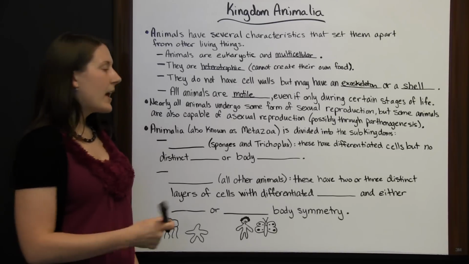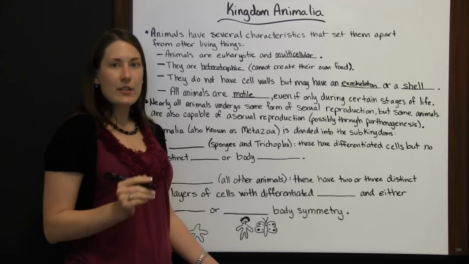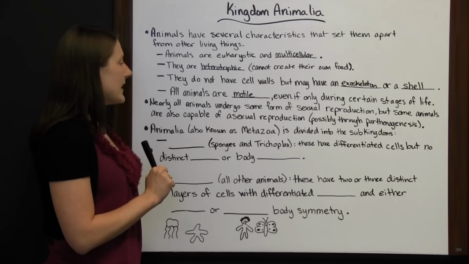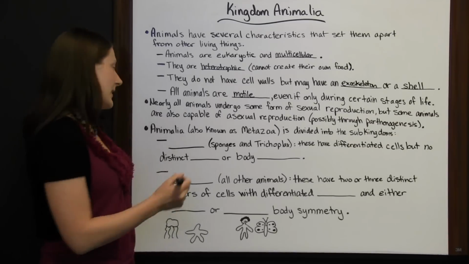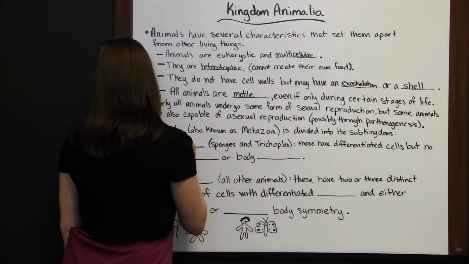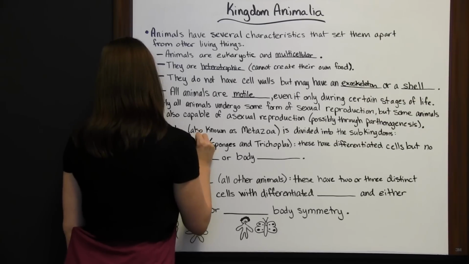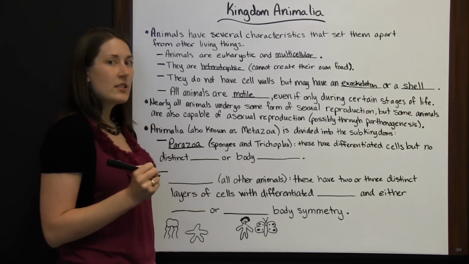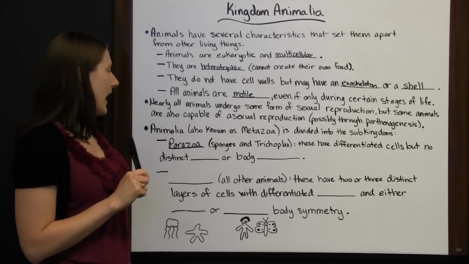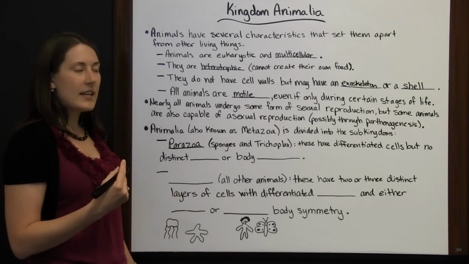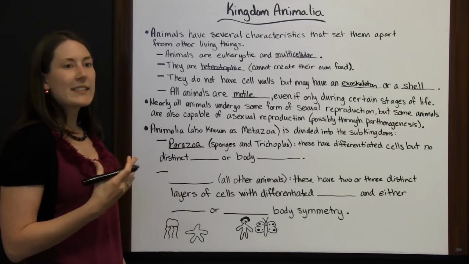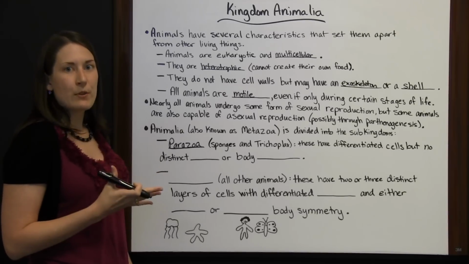Animalia is also known as metazoa, as far as a kingdom name goes, and it is divided into the subkingdoms, Parazoa, which consist of sponges and trichoplax. Sponges, I'm sure you can think of, but trichoplax kind of looks like a puddle you spilled on the floor.